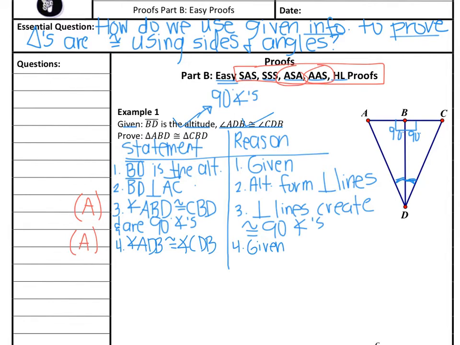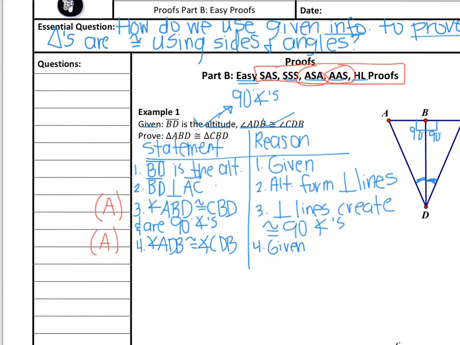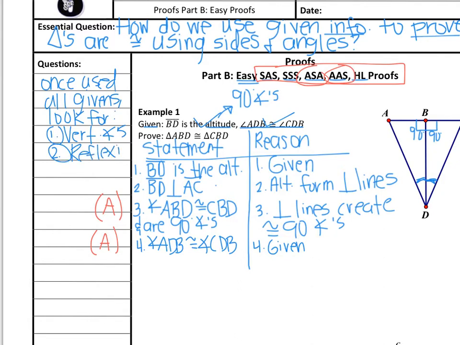So over off to the side, I'm going to say, once you've used all givens, look for either vertical angles or that reflexive side. So the side that is shared by both triangles.